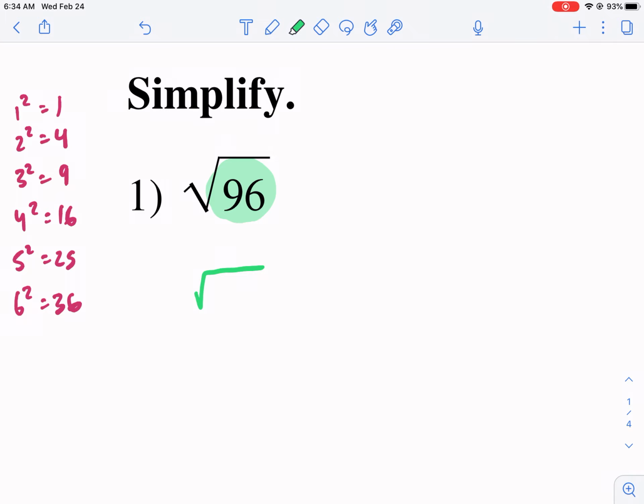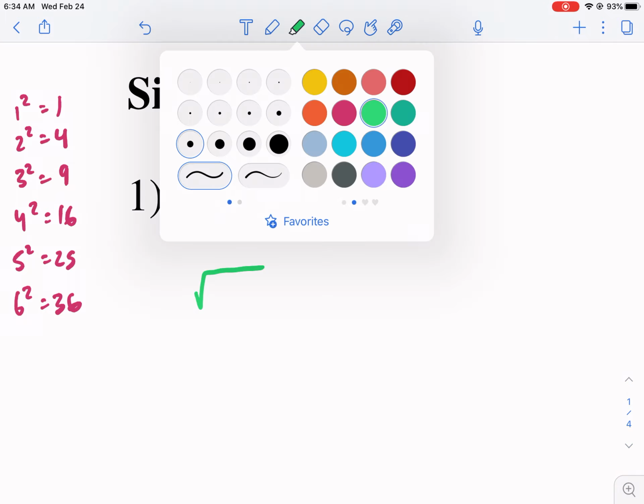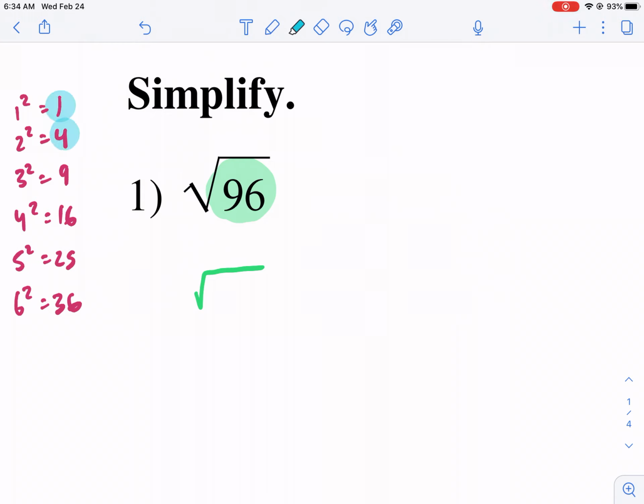So if we're looking at bigger numbers, we want to know, are any of these smaller numbers a factor of the bigger number we're looking at? So if we're looking at 96, well, 1 doesn't really count because 1 is a factor of everything. But 4, is 4 a factor of 96? If we do 96 divided by 4, it's 24.